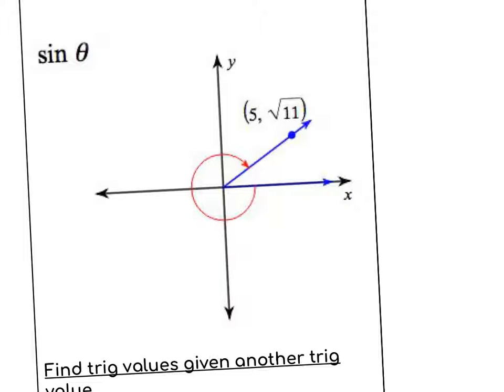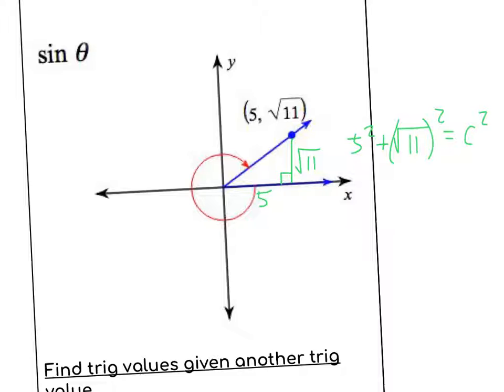Next up, we're looking at the sine of theta. Here we're going in a clockwise fashion, which means we have a negative angle. But that doesn't matter so much for what we're looking for, because we're going to build our triangle using our reference angle. Here we've got 5, we've got the square root of 11, and I've got to figure out my hypotenuse. So 5 squared plus the square root of 11 squared is going to be equal to some c squared.